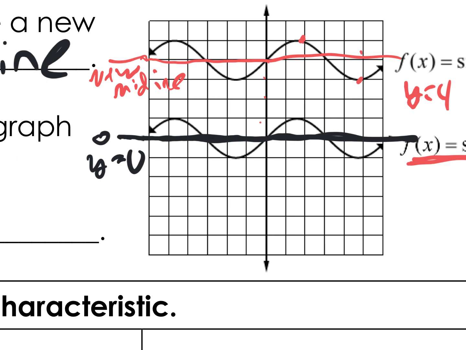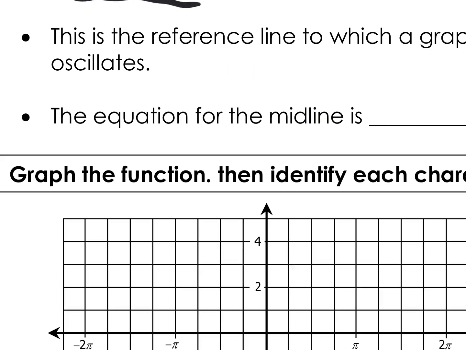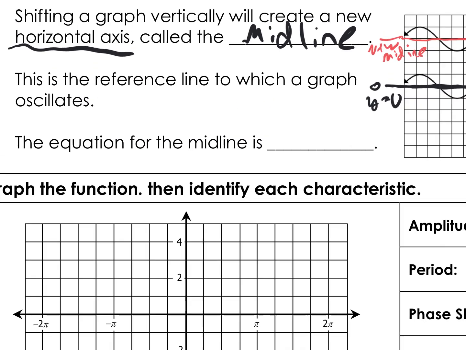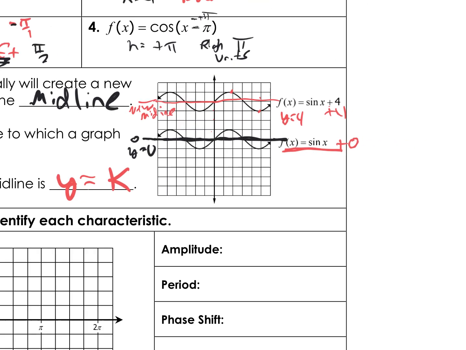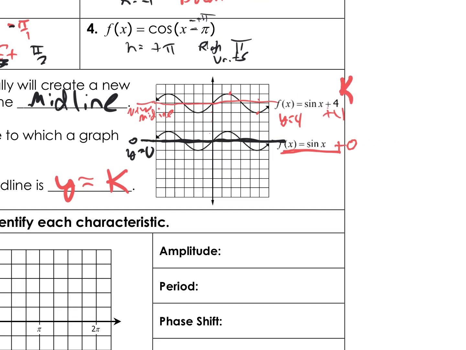That's important. Your reference is still an axis. You still draw the axis, and try to make it stand out so that you can count up and down. The equation of the midline will always be y equals k. Whatever number is on the outside is the equation of your midline.